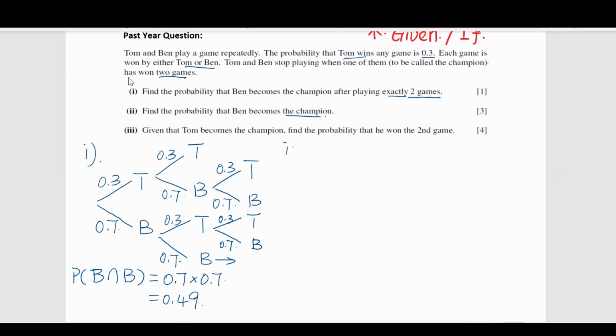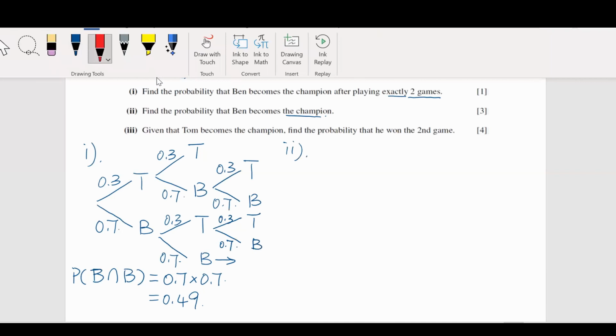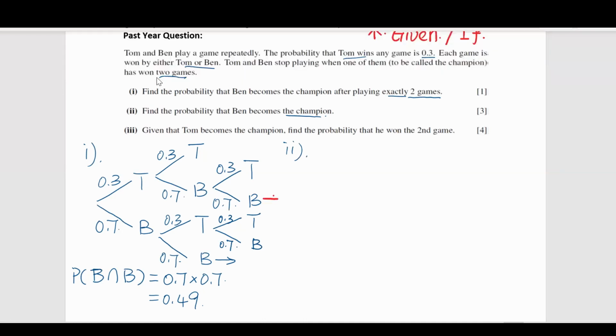So now we try to find the probability that Ben becomes the champion, as long as Ben wins 2 games. Let's see. For the first outcome here, Tom wins 2 games, so obviously that's not what we want. So the outcomes are here. They play 3 games altogether. The first game is won by Tom, followed by the next 2 games won by Ben.